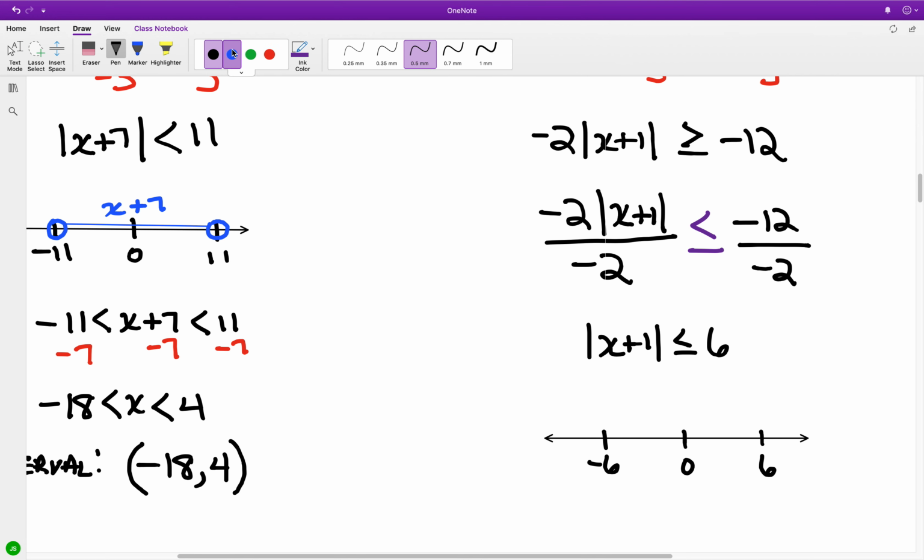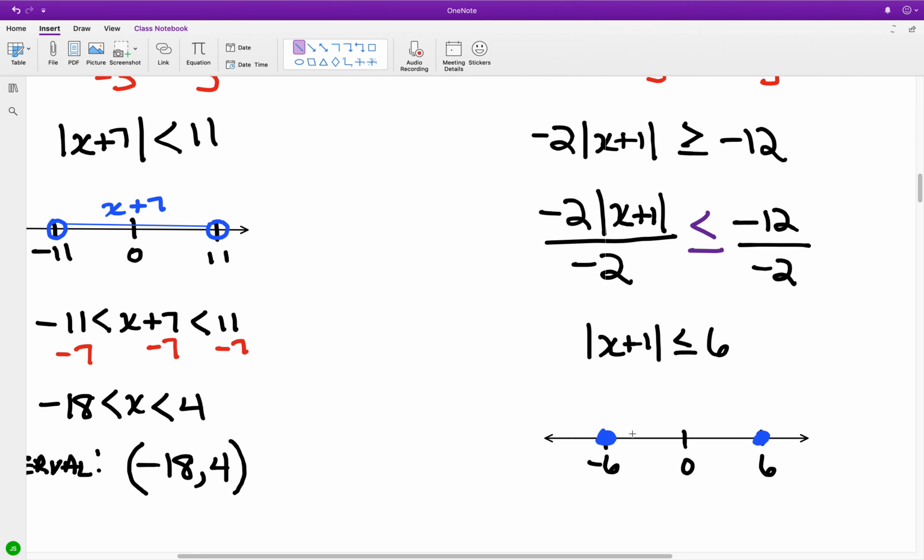The absolute value of x plus 1 is less than or equal to 6. The equal sign indicates that we're going to have solid points on both negative and positive 6. Everything else in x plus 1 is going to have a distance of less than 6 units away from 0.